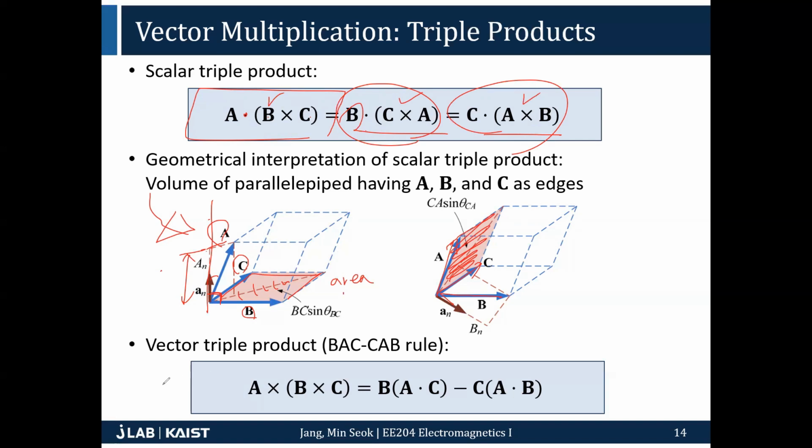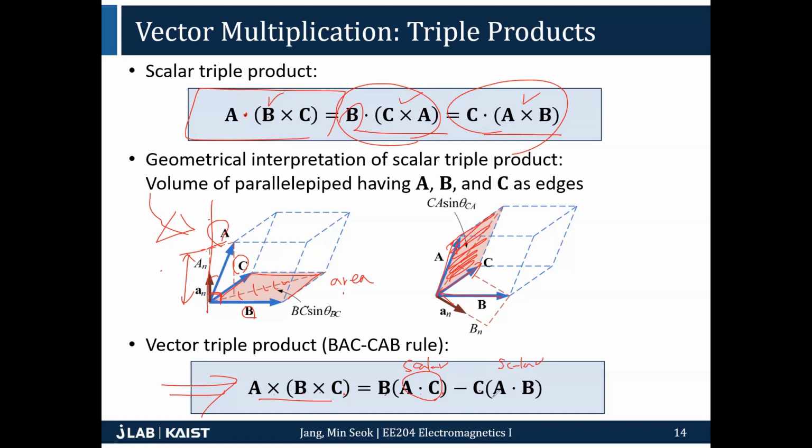And then this one, I don't want to give you a proof because I don't have any intuitive proof here. But it's good to remember because it's a famous thing. A cross B cross C is equal to B multiplied by A dot C, where A dot C is a scalar, and then minus C multiplied by A dot B, which is also a scalar.